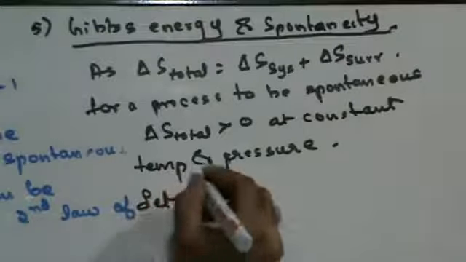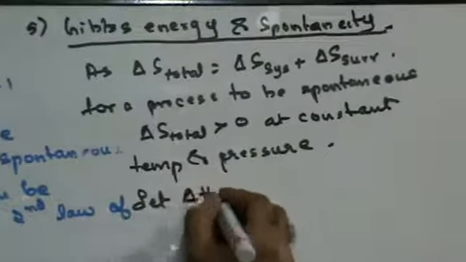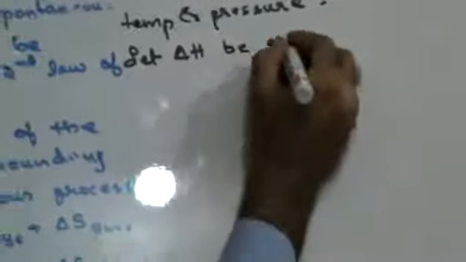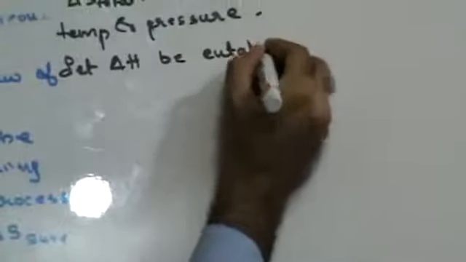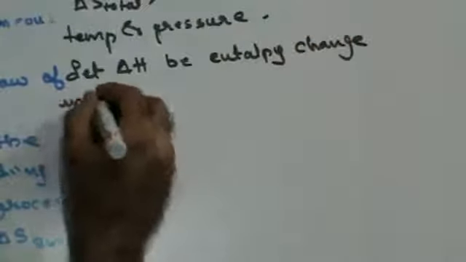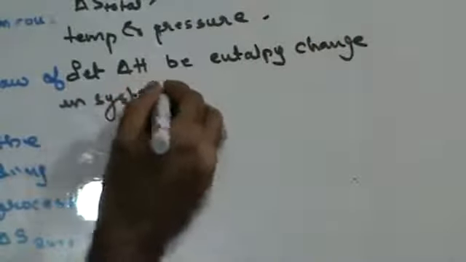We derive Gibbs energy. Let delta H be the enthalpy change in the system. Right?